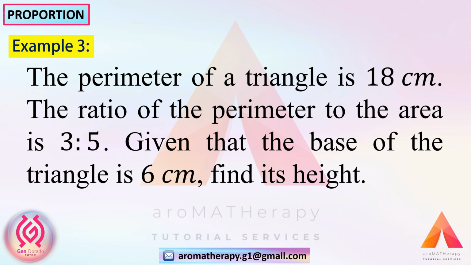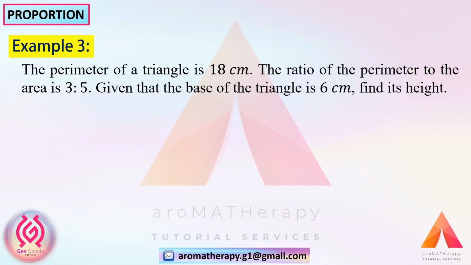Example number 3. The perimeter of a triangle is 18 centimeters. The ratio of the perimeter to the area is 3:5. Given that the base of the triangle is 6 centimeters, find its height. Let's solve this problem. Read the first sentence and take note of the important details already given.